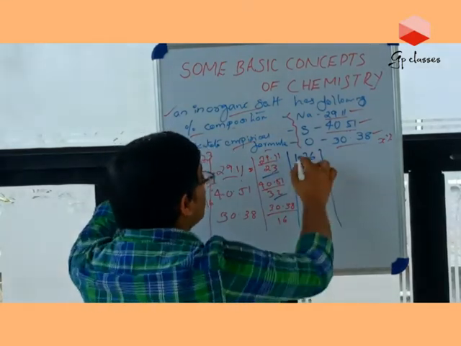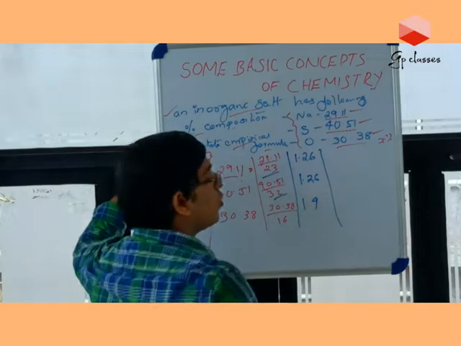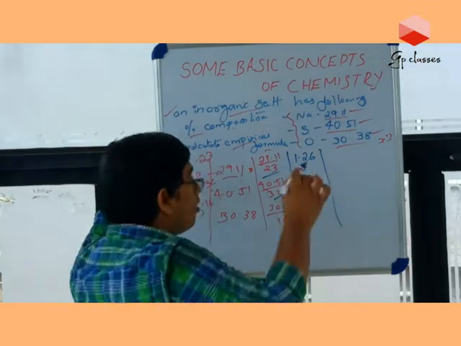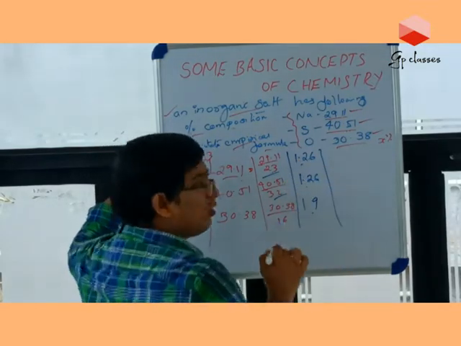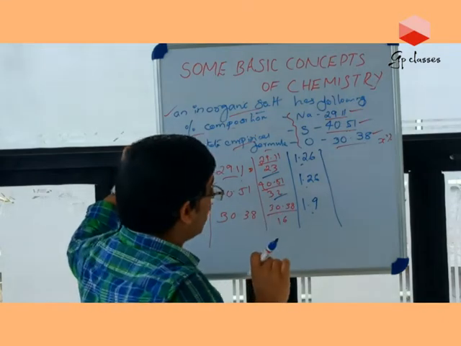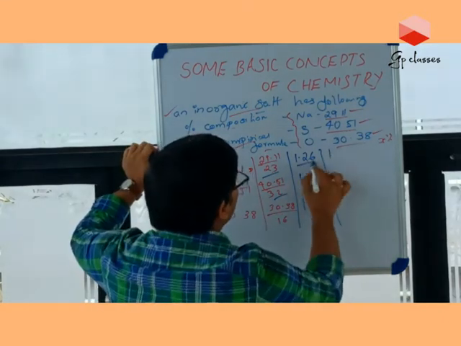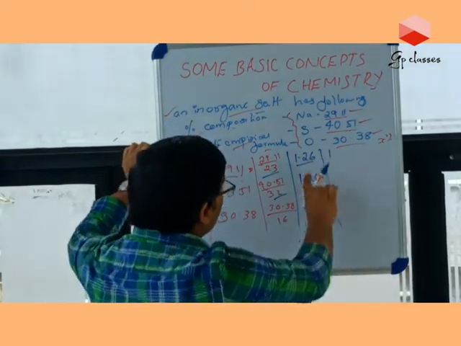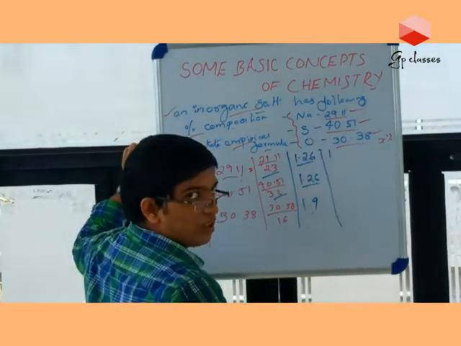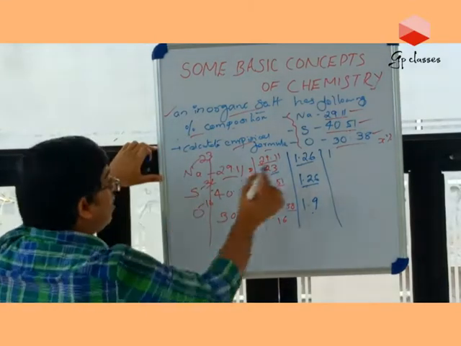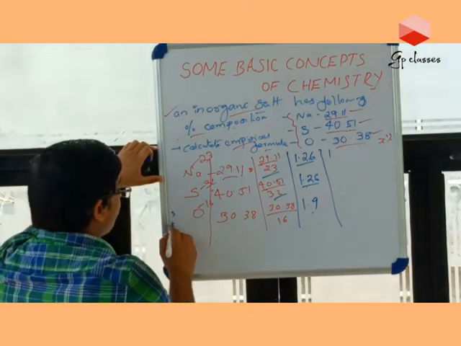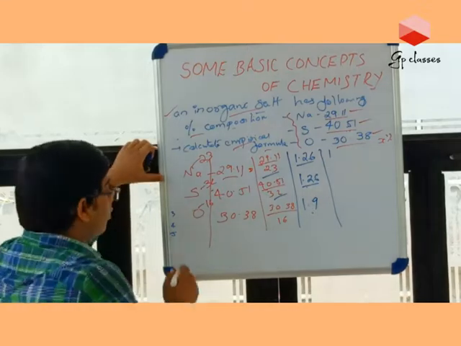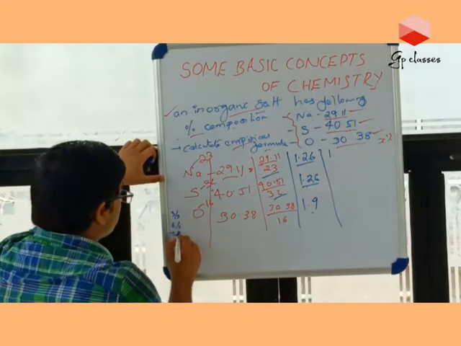Now you divide these three values by the one which is least in value. Here 1.26 has the least value compared to 1.9. So you divide all three by 1.26. Say that you are getting 3, 4 and 5 in this column. Then you divide 3 by 3, 4 by 3, 5 by 3.